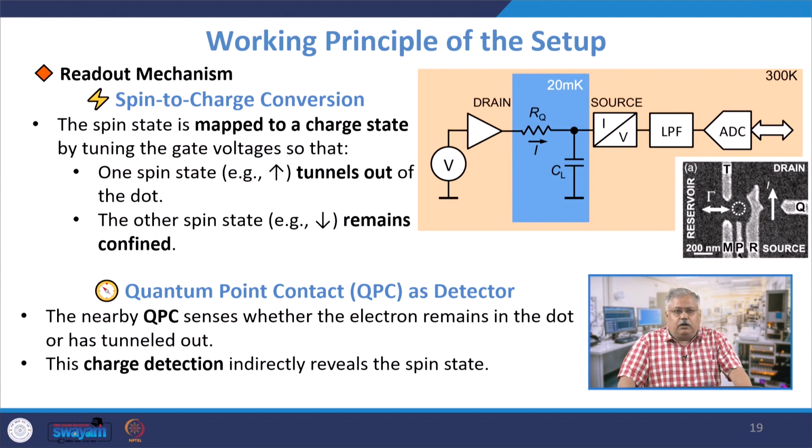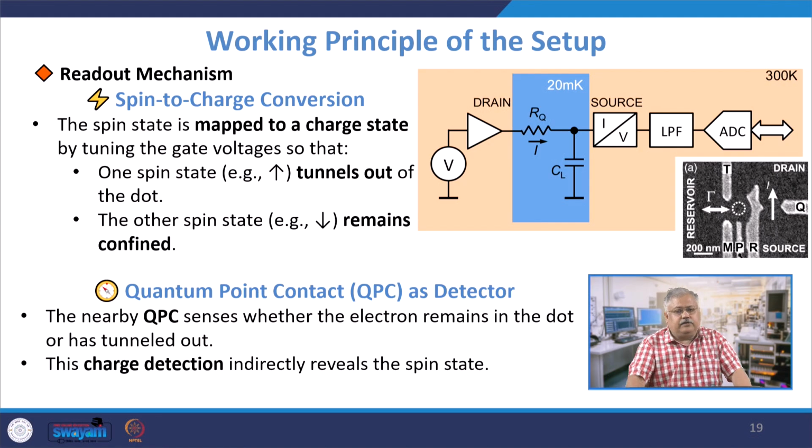Now let's look at the readout mechanism. What we do is we try to correlate the spin of the electron to the charge of the electron. So the spin state, as I discussed with you, is mapped to the charge state by tuning the gate voltage. What you can see is that maybe one spin state, say the top spin state, tunnels out of the dot, and the other spin state remains within the quantum dot area.